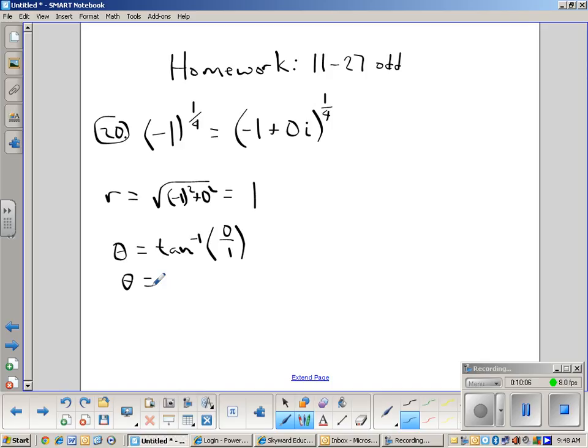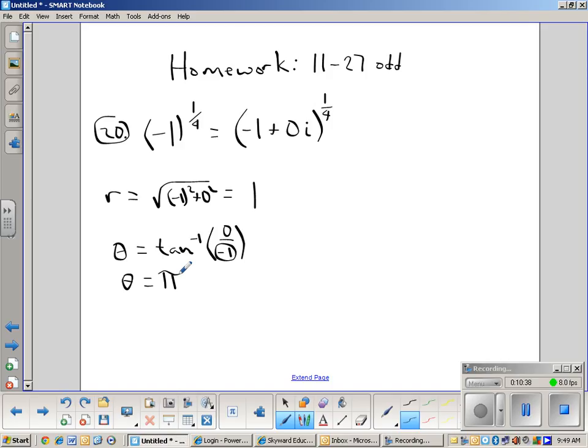When the numerator is 0. Sine is zero at 0 or 180, but it's negative, so it's 180, because x is negative 1. In radians, that's pi.